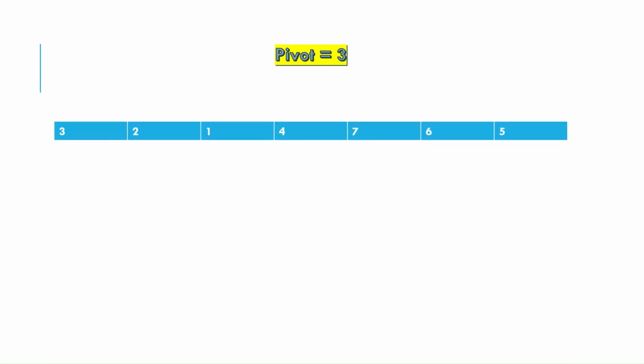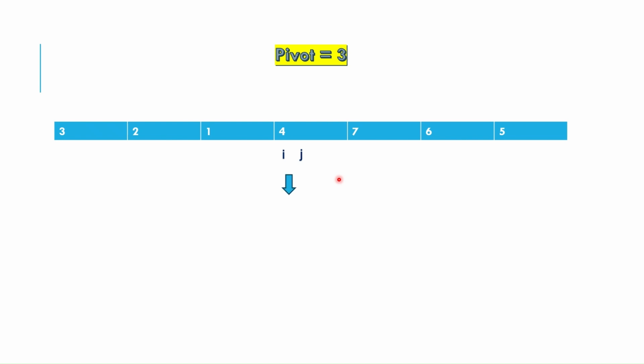Okay, fine. So if you observe here, currently J is at this position, right? So if J is greater than pivot, yes, then obviously J will decrement, and J is in the position of 4. Okay, so now I and J are in the same position.